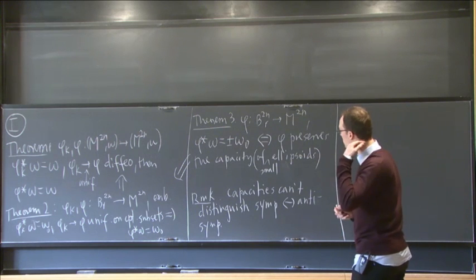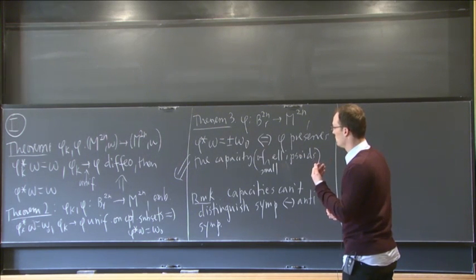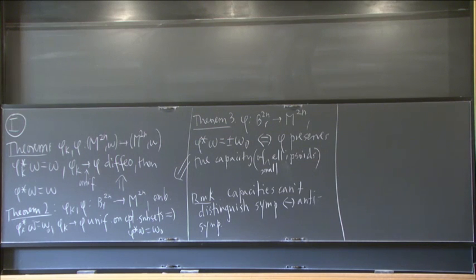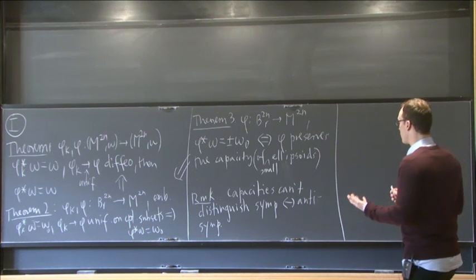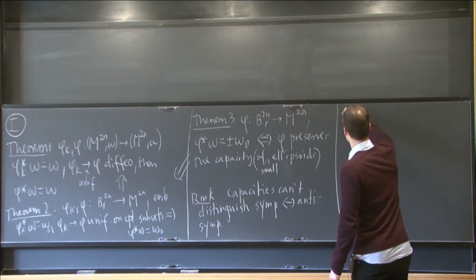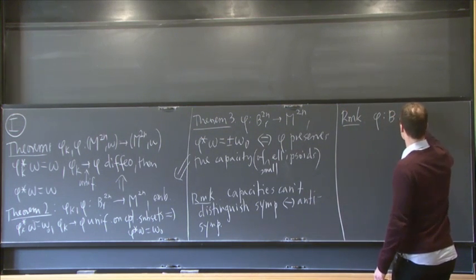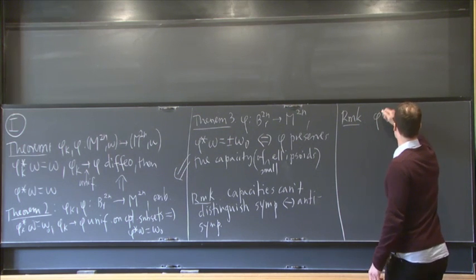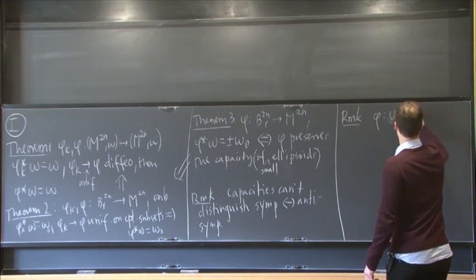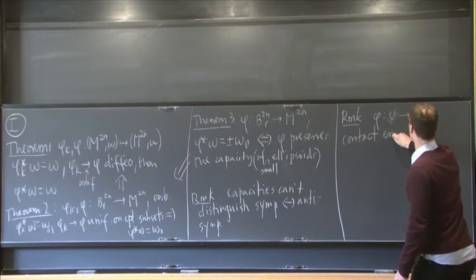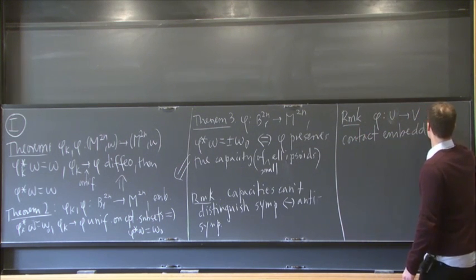My original motivation for what I'm talking about today is to do something similar for contact embeddings. And the first problem is if we look at a contact embedding, we use something like U to B, contact embedding.